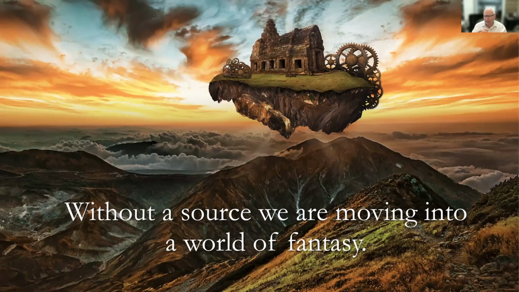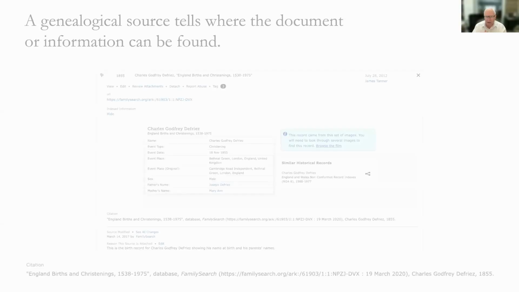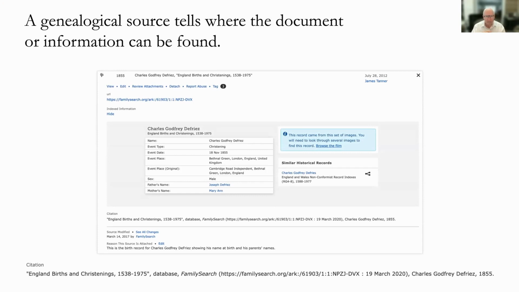They can range from political statements to new diets, and working your way through those without some source attached to it, some way of verifying that information, is highly frustrating. And that's what we get into in genealogy if we don't keep working and adding those sources.